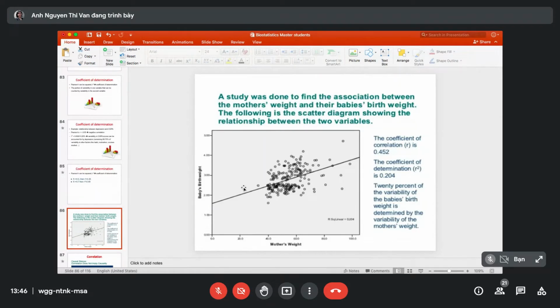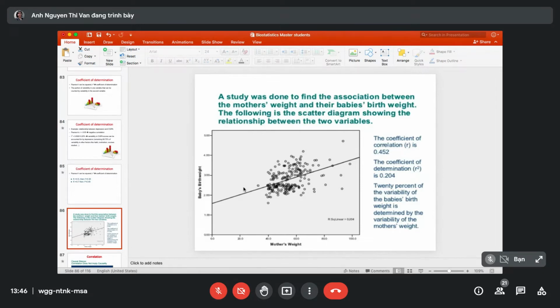What are the two variables in this case? Tell me what the two variables are. The two variables here are the mother's weight and baby's birth weight. Okay, continue.